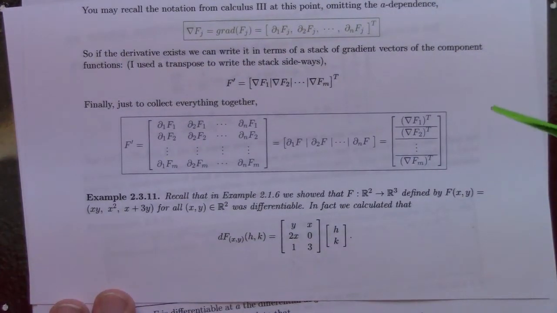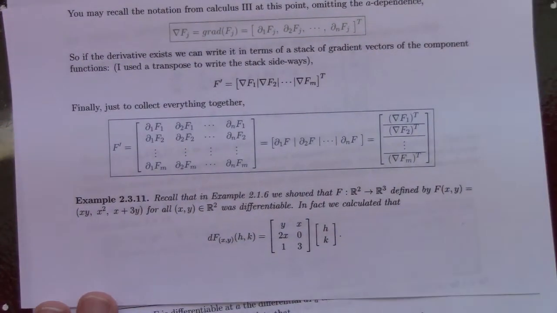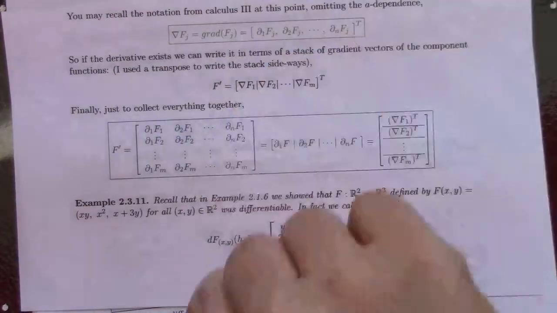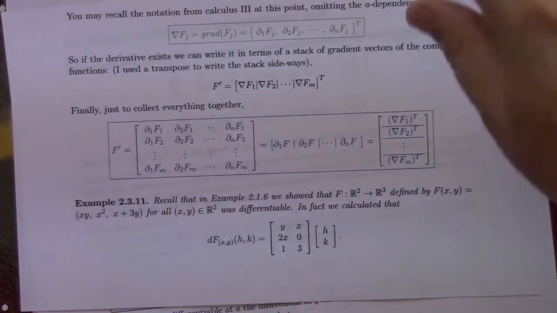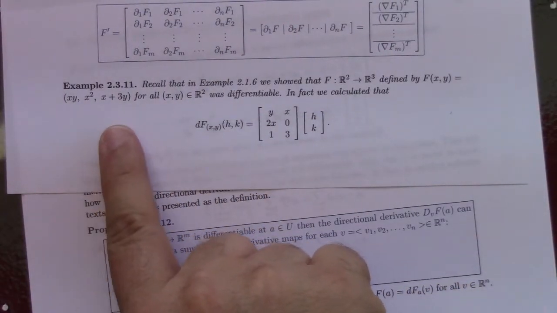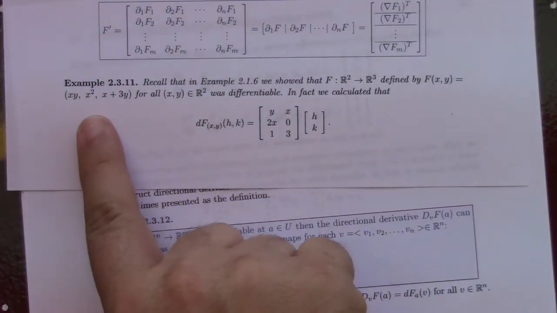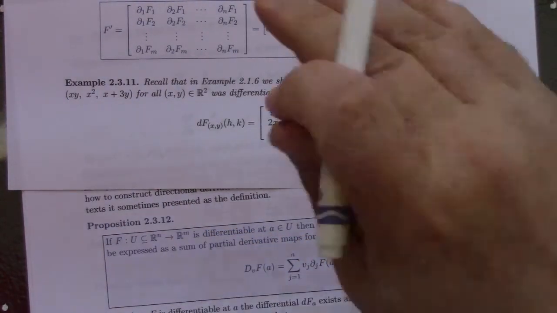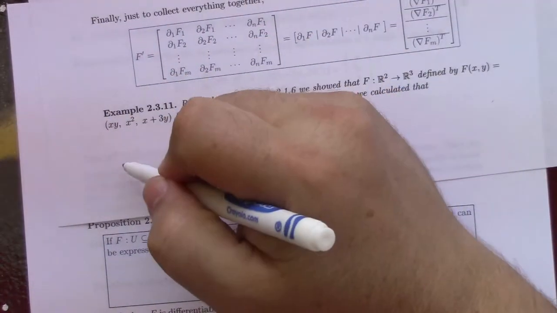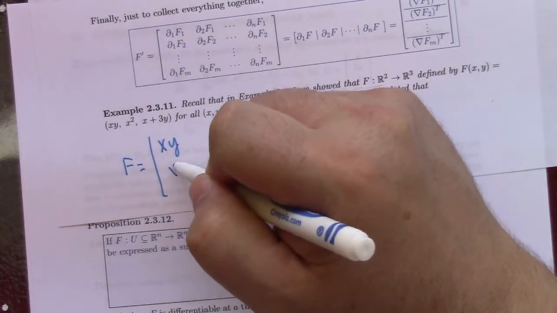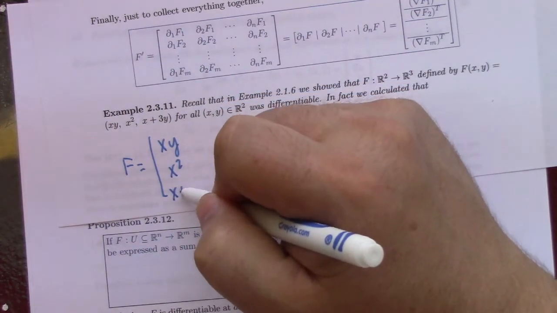On the other hand, you can look at it as a stack of gradient vectors, right? Gradient of the first component function and so forth. Now, my first example here is actually to recreate the example I started with today and show that you can build the differential of this function using partial differentiation. The way we should really think about f is like this: it's xy, x squared, and x plus 3y.